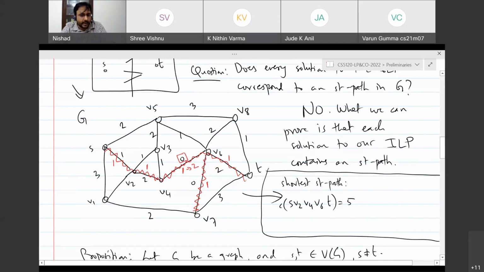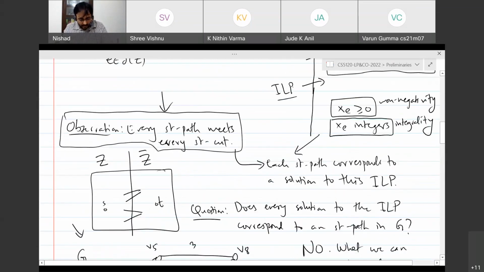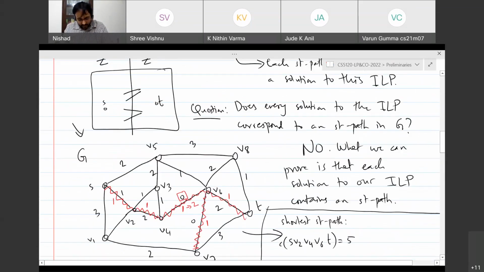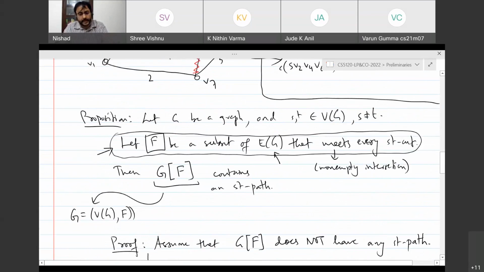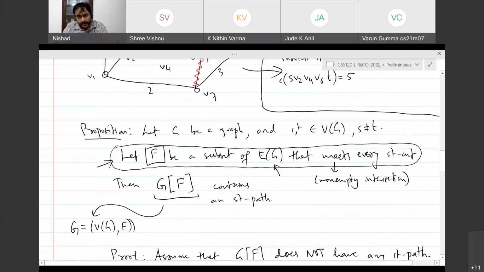In particular, if you look at all the edges that have a non-zero entry in your solution, those edges will contain a shortest path because of the proposition we proved last time, which was this one. If you take any subset of the edges that meets every ST cut, then that subset of the edges will definitely contain an ST path. Right?